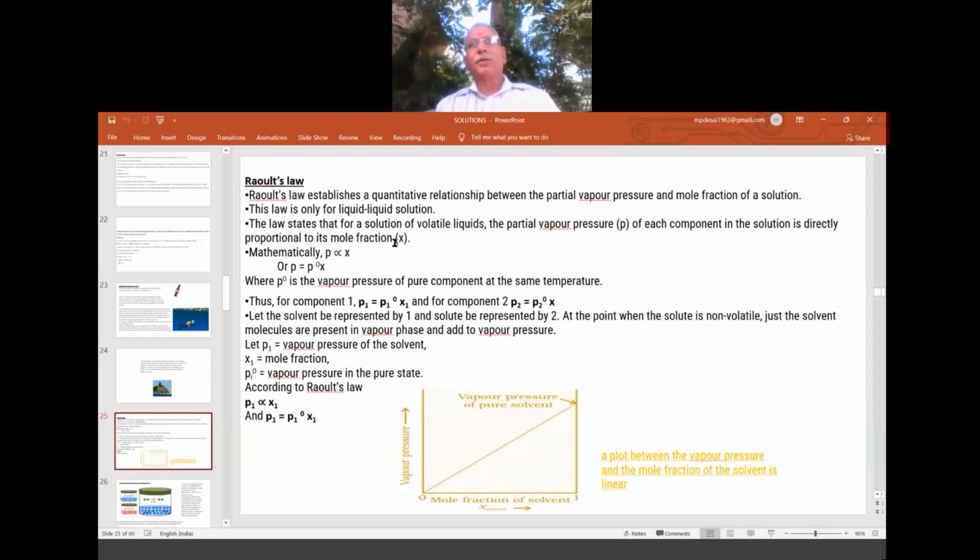Water is less volatile, so its vapors are less, and the amount of alcohol is more, so more vapors of alcohol are there in the mixture. You take water and alcohol together in a container and close it, and fix a pressure meter to measure the pressure. So you will come to know easily which pressure is more.